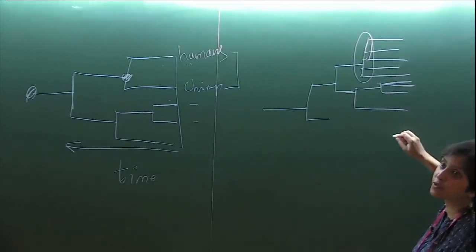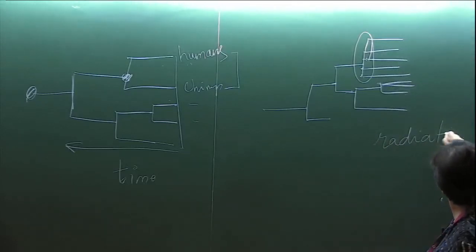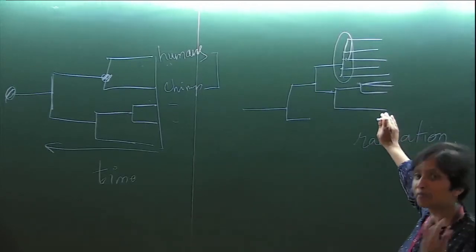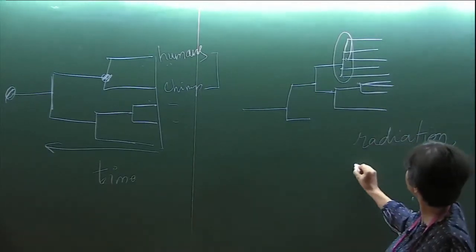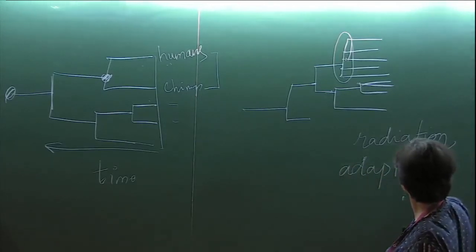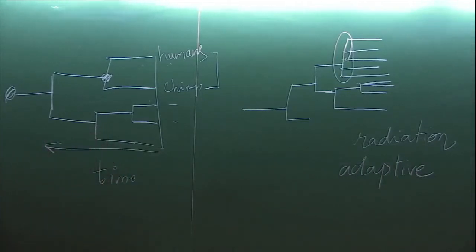So this kind of situation would be what we would call a radiation, okay? And if this radiation is driven by adaptive processes, we would call it adaptive radiation. Yeah? Is everybody okay with the concept of what is adaptation? Yeah.